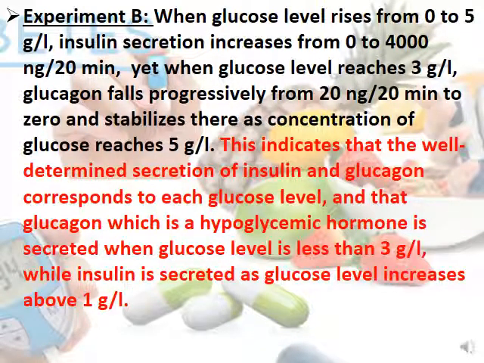In experiment B, when the glucose level rises from 0 to 5, insulin secretion increases from 0 to 4,000 nanograms per 20 minutes. Yet, when the glucose level reaches 3 grams per liter, glucagon falls progressively from 20 nanograms per 20 minutes to 0, and it starts to stabilize as the concentration of glucose reaches 5.